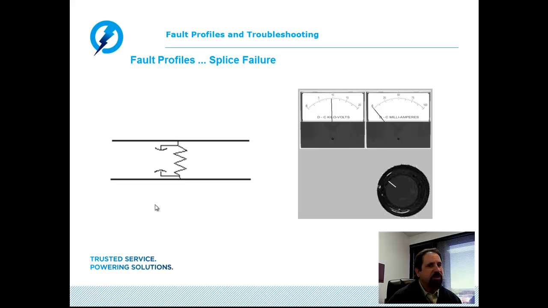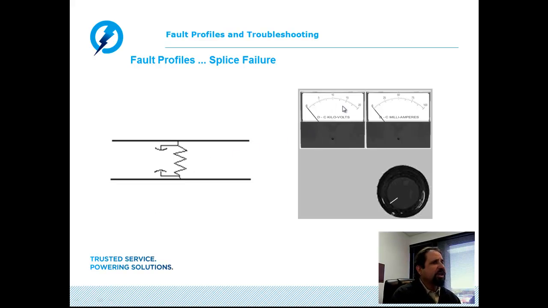And again, when you think about the way the splice is built, you have a sizable amount of distance between the conductor and the concentric neutral. So it just adds a little bit of complication. We have the insulating gels and so forth inside the splice to contend with, more material that we're going to have to try to drive enough energy through to get a good strong arc or breakdown at the splice.